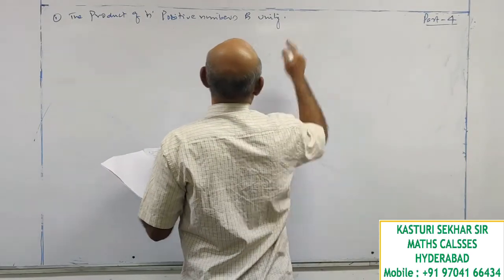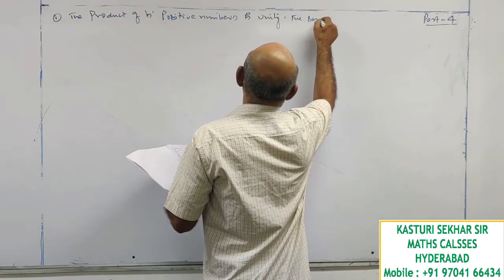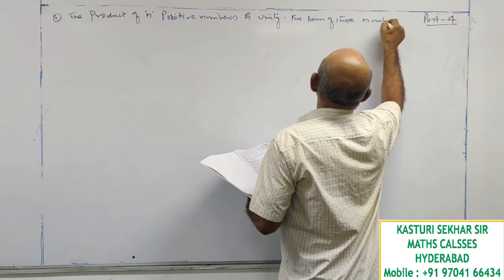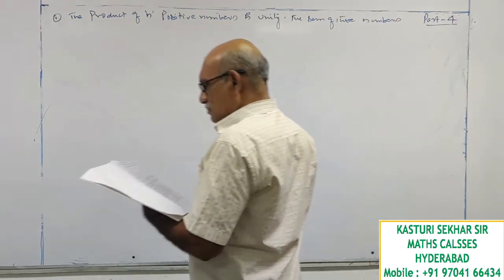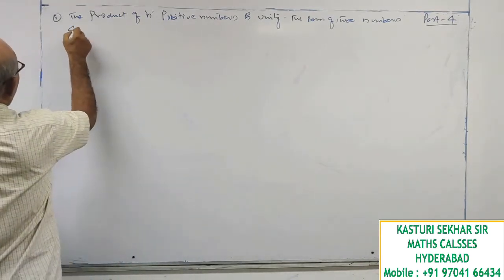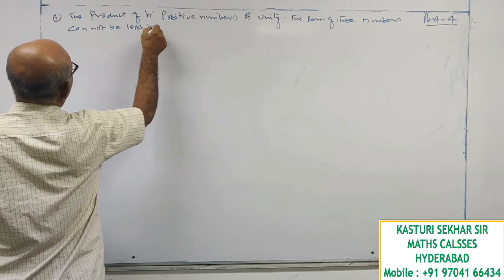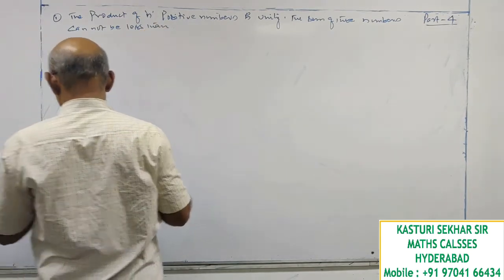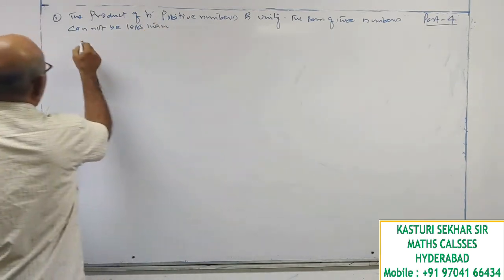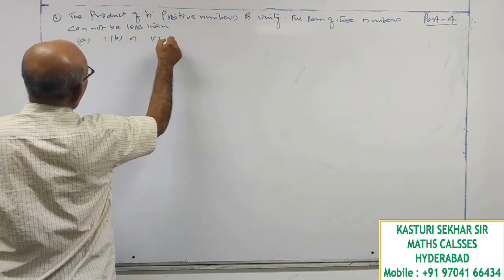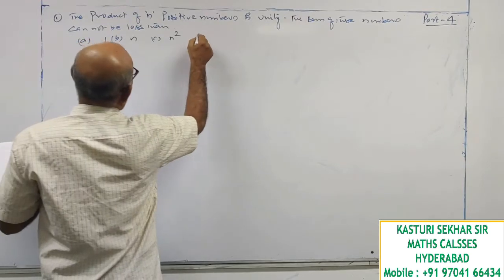The sum of these numbers cannot be less than: option A 1, option B n, option C n square, option D none.